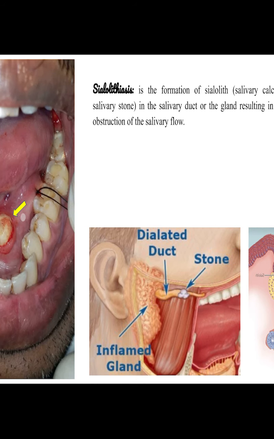The secretion in this particular gland is higher in calcium content, thicker in consistency, and the position of the gland increases the chances of stagnation. It can happen as well in other glands, such as the parotid gland, but it is 90% in the submandibular. And we can see a schematic representation of the salivary stone.